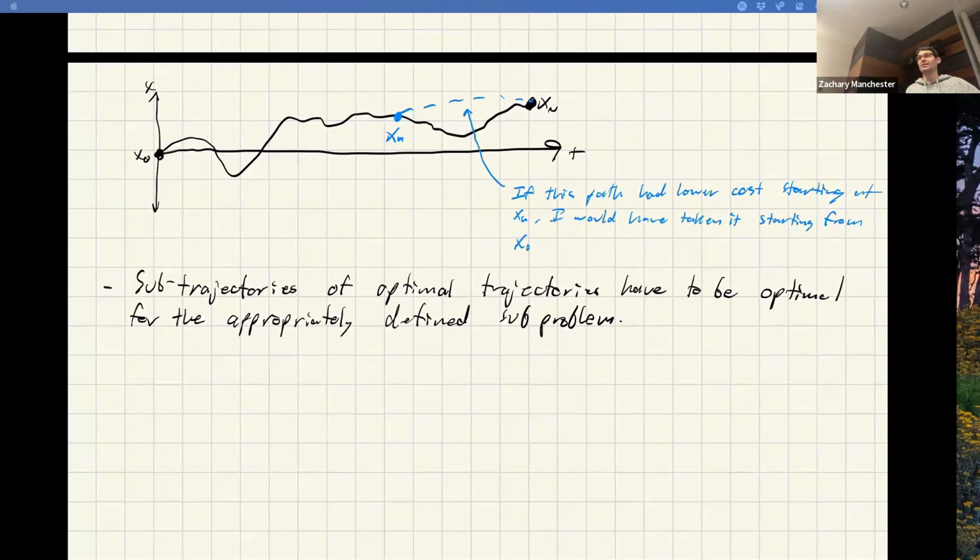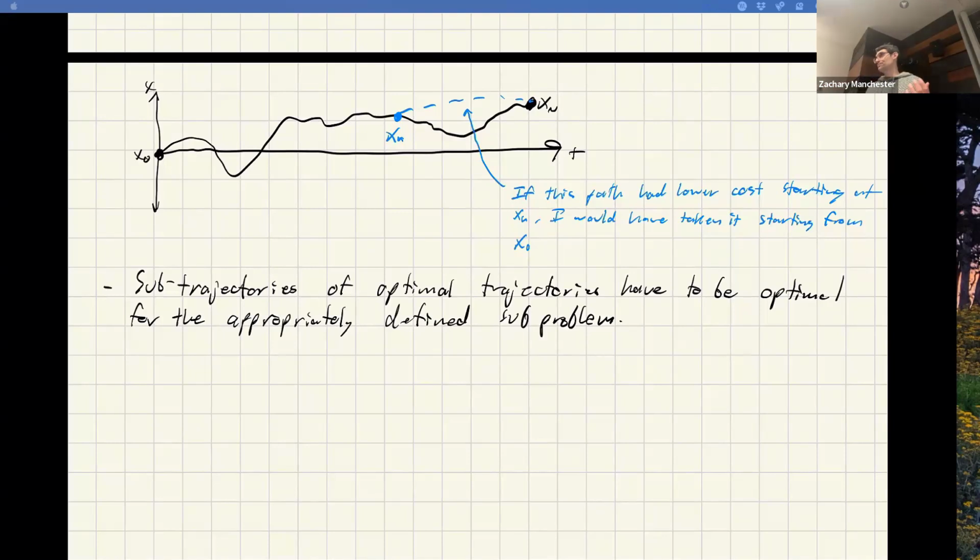Anyone have any questions about that? Yeah. So if I start there and I just shrink the horizon on the problem, and I keep everything the same, the cost and constraints the same as the original problem, I just make it a shorter problem with the initial condition being some state in the middle of the original trajectory, that has to be true.